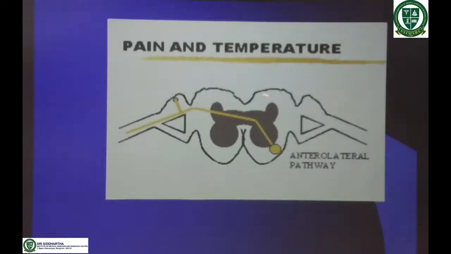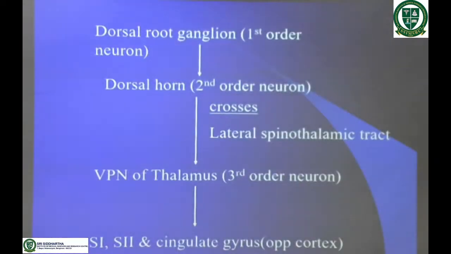These are the initial first order neurons with the tract, the pain and temperature tract, that is the anterolateral pathway. It starts in the white matter, and immediately after the origin it crosses to the opposite side and the course begins as an ascending tract. This is a flowchart representation of the neurons.